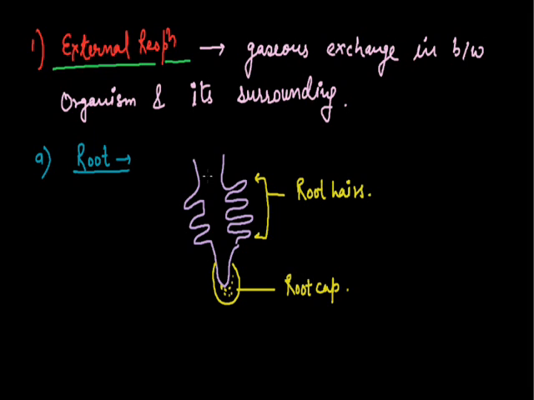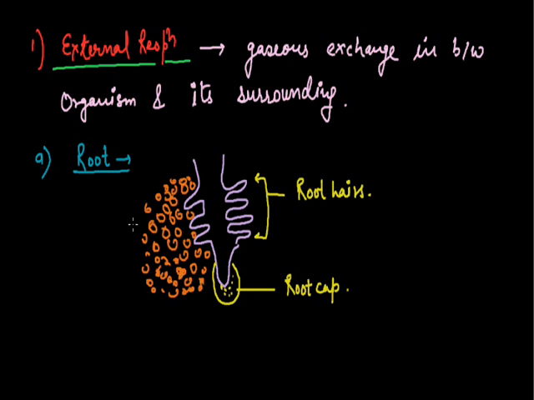Now, as I'm saying, this one is usually an underground plant part, so it's always surrounded by soil particles. Among soil particles, a huge gap is found where soil air is trapped, and that soil air is utilized to take in oxygen and to lose CO2 out.